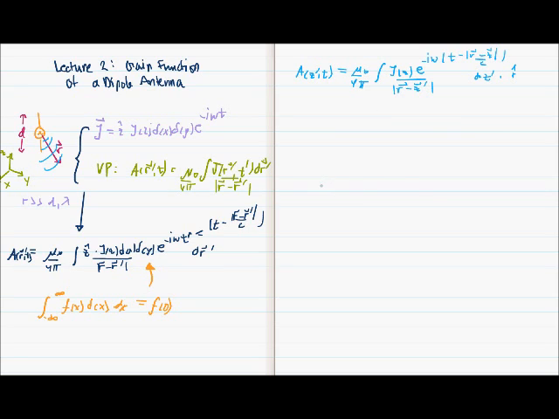We can make use of the earlier assumption that R is very, very large compared to Z. And since we're only integrating along the length of the dipole, this is going to be something like R. Integrating this gives us an equation that looks like this.